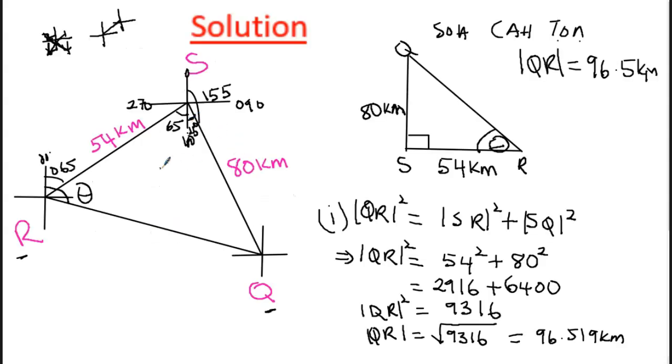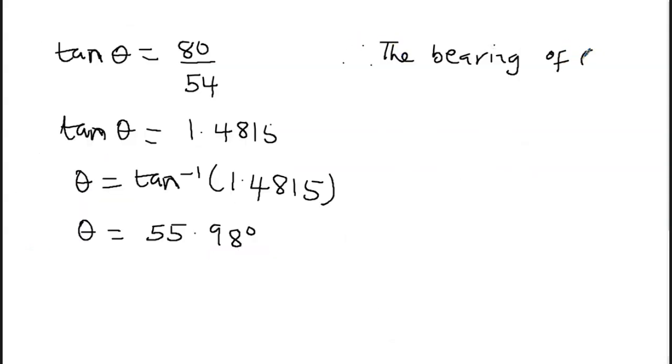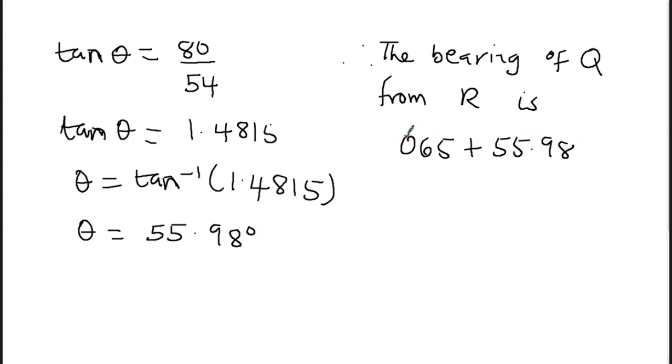So let's go back. To find the bearing of Q from R, you start from the positive y-axis, which means it is 65 plus 55.9. Therefore, the bearing of Q from R is 065 plus 55.9. When you add, you are going to get 120.9.